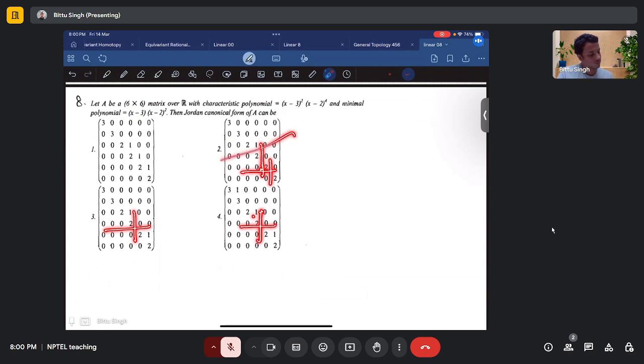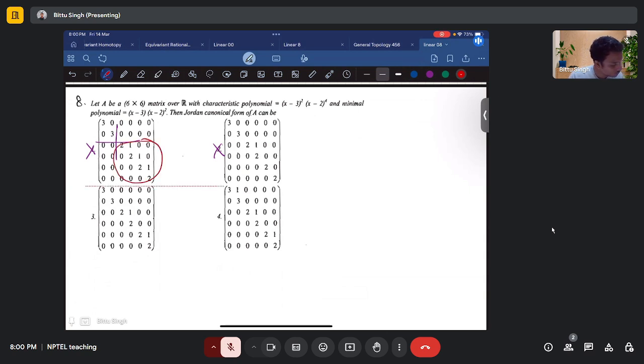So this is not possible. This is not possible. And similarly, there is only a single Jordan block, right? So this is not possible because of this. And similarly, this is not possible because of this.